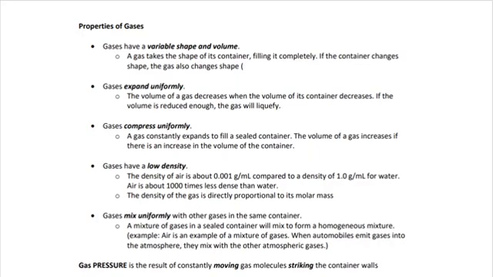Solids have a definite shape and a definite volume. Liquids have variable shape, but a definite volume. And gases have variable shape and volume.